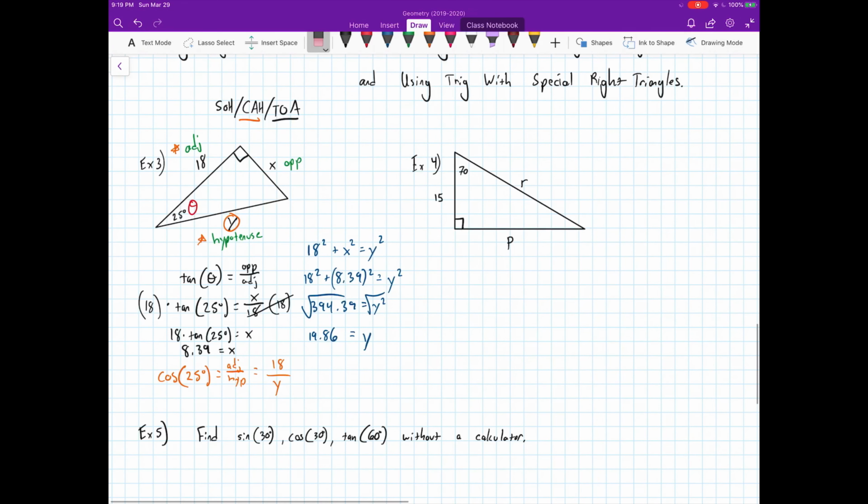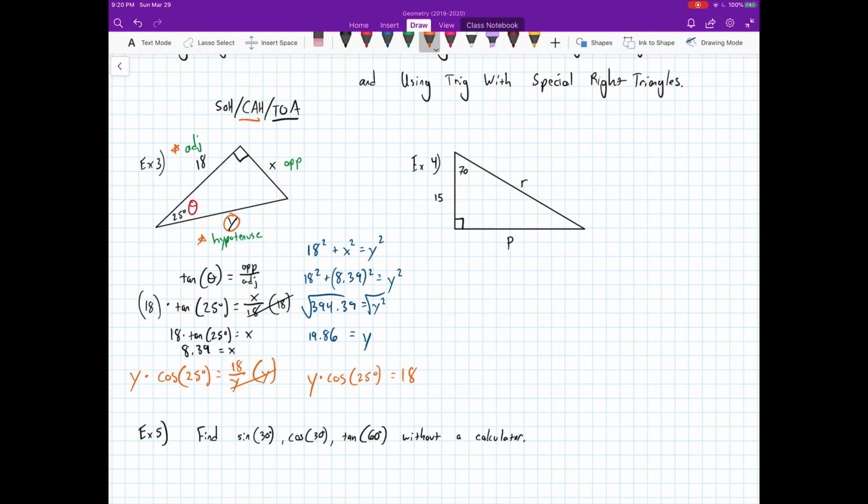All right, so get rid of that middle part. That's kind of confusing to work with. So 18 over y. So this time y is in the denominator, so I have to do sort of two math moves to solve for y. First, I'm going to multiply both sides by y, right, to get y out of the denominator. And I have y times cosine of 25 degrees is equal to 18.